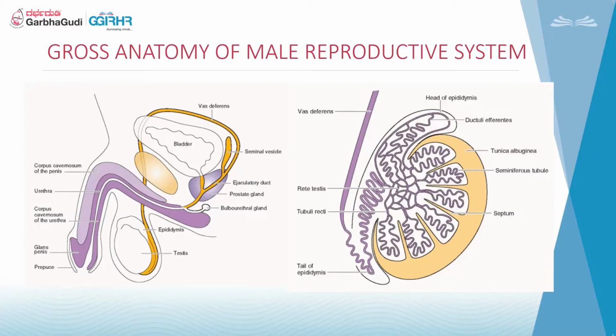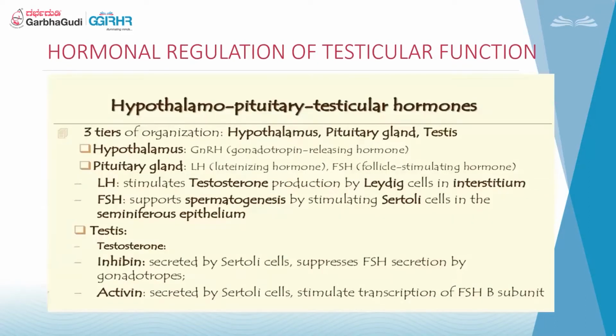It traverses via the vas deferens and is joined by the secretions of the seminal vesicles and the prostate gland, travels via the ejaculatory duct, joins the prostatic urethra, and this is how ejaculation takes place.